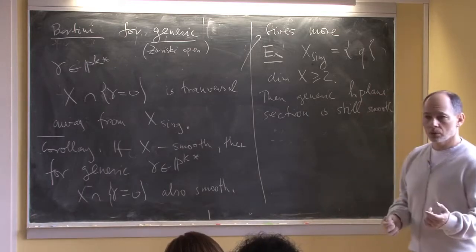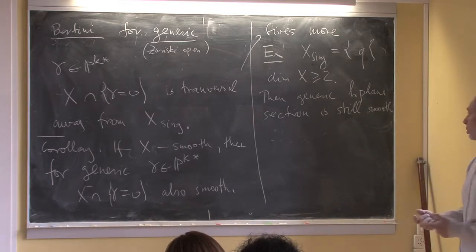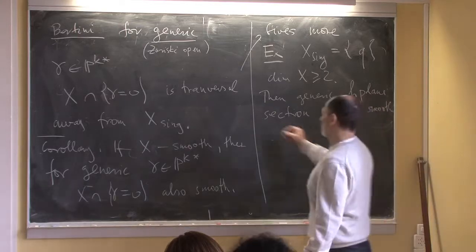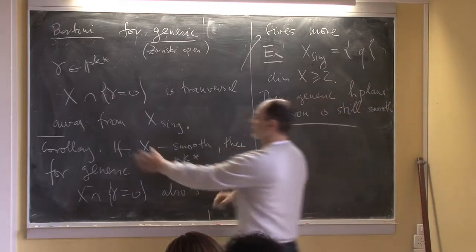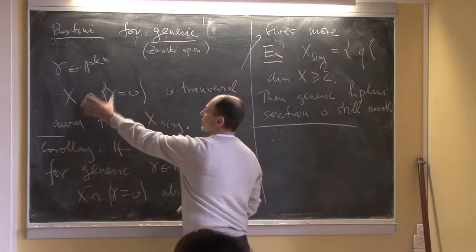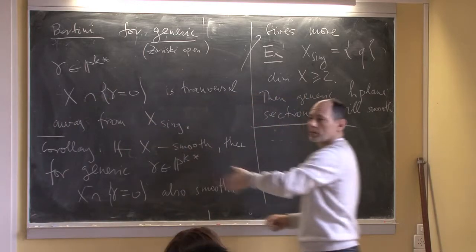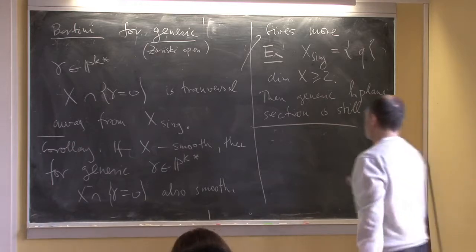Okay, so that's what we get out of this. And we can also iterate this story. We can take several hyperplanes, because I intersect with one, and then I take this subvariety and start intersecting with more hyperplanes.